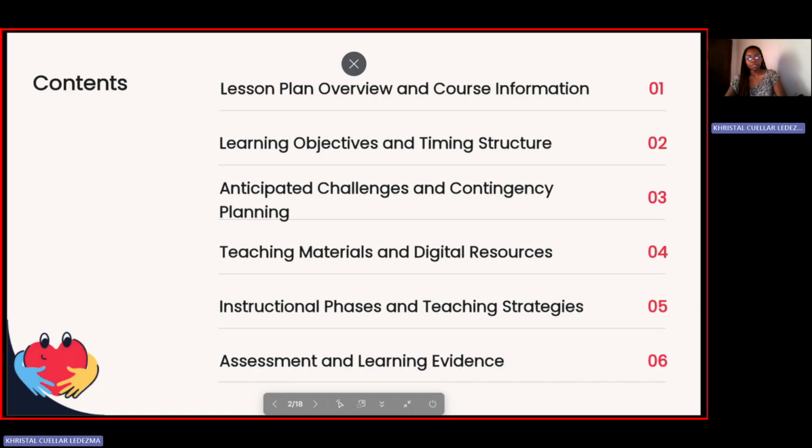The contents for today will be the lesson plan overview and the course information, the learning objectives and the timing structure for the class today, the anticipated challenges and contingency planning, the teaching materials and digital resources, the instructional phases and teaching strategies, and the assessment and learning evidence.